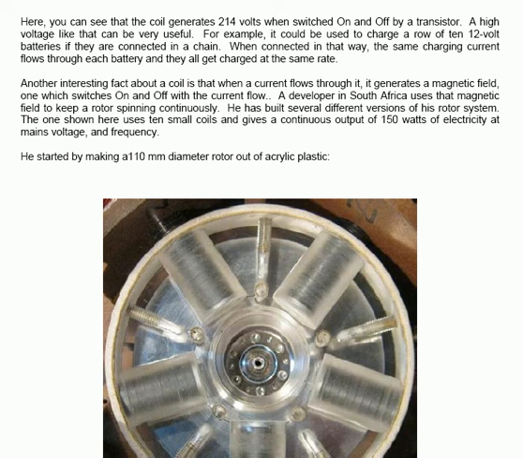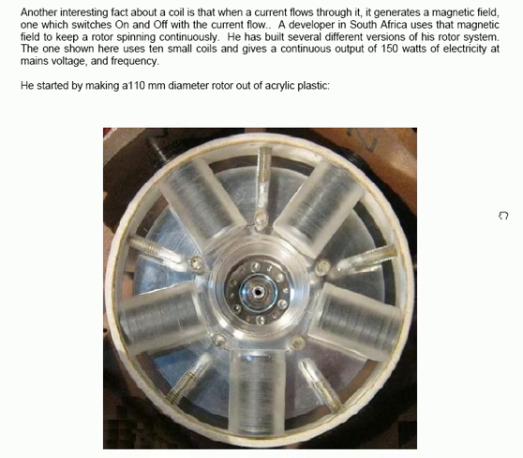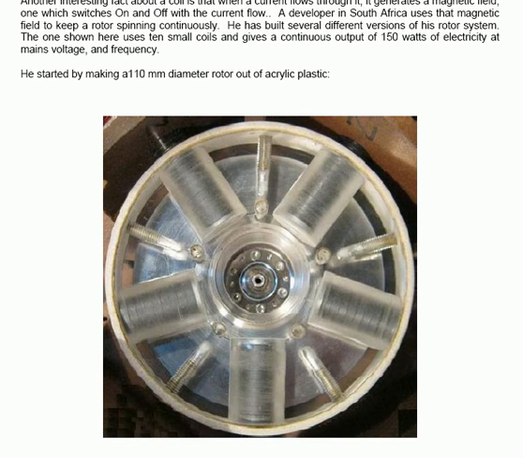The one shown here uses 10 small coils and gives a continuous output of 150 watts of electricity at mains voltage and mains frequency. He started by making a 110 millimeter diameter rotor out of acrylic plastic.